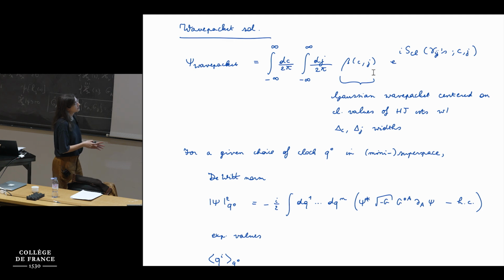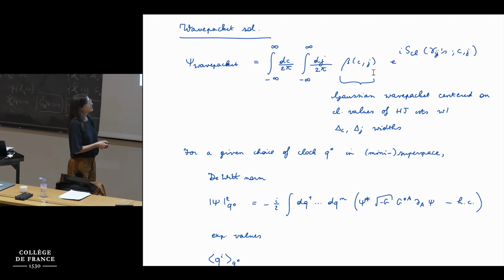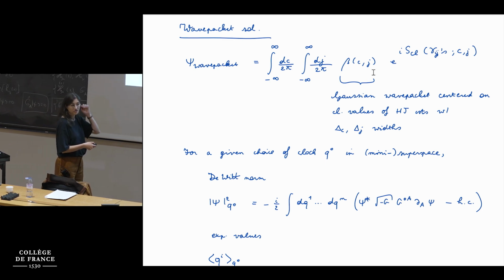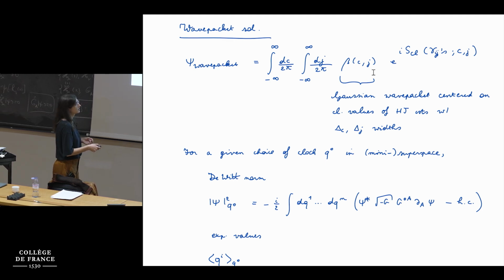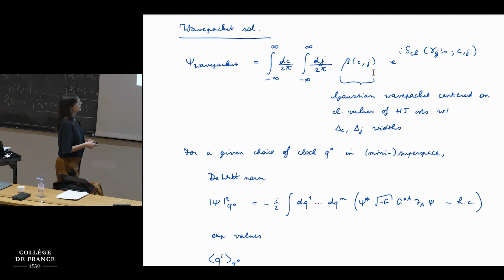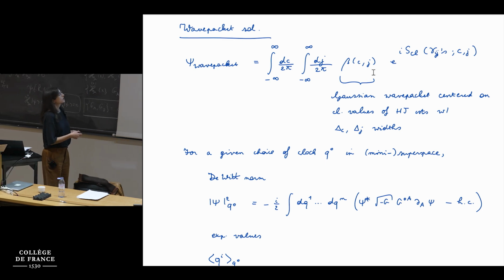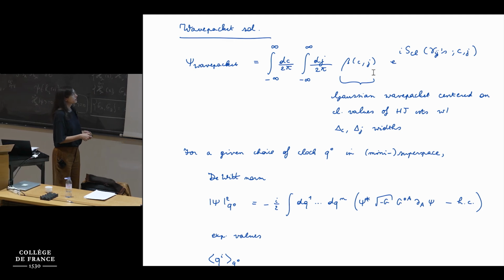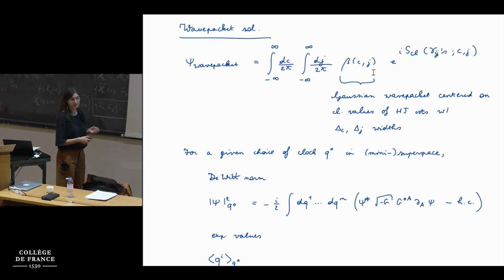And what's appearing here is again a Laplacian choice, so you need the DeWitt metric for writing this norm. This is the Hermitian conjugate. So you can write a DeWitt norm given a choice of clock in your mini superspace, and then when you've written that norm, you can calculate expectation values of other Q's.